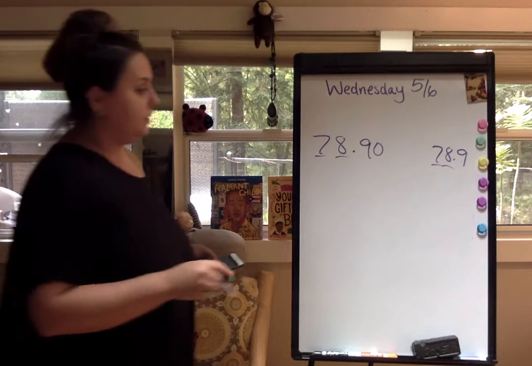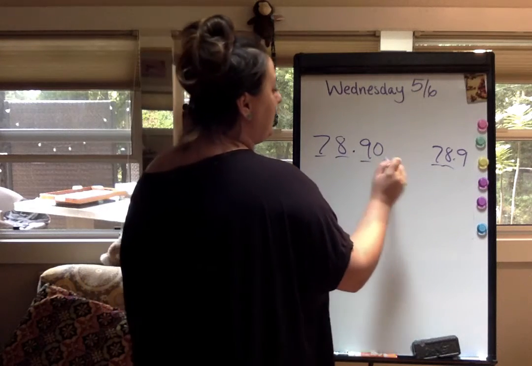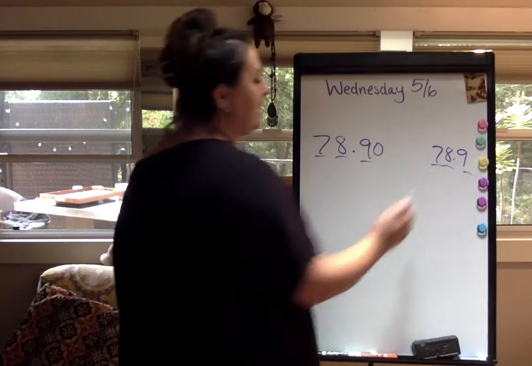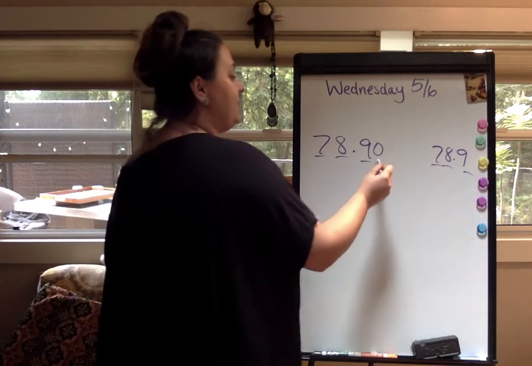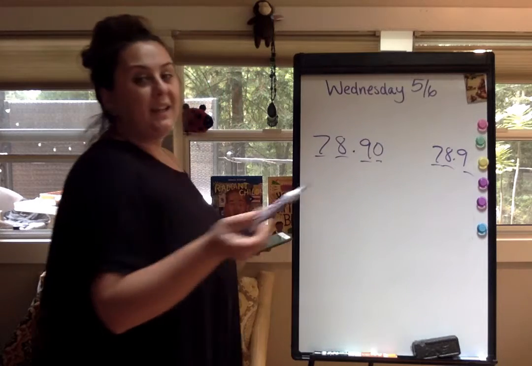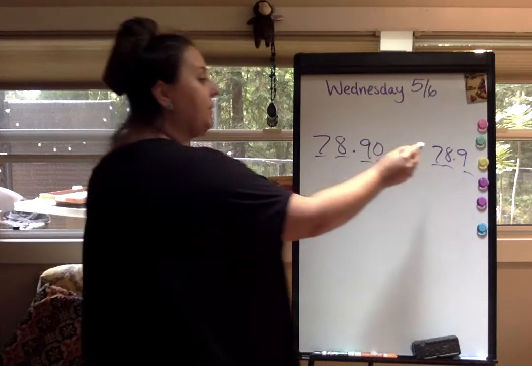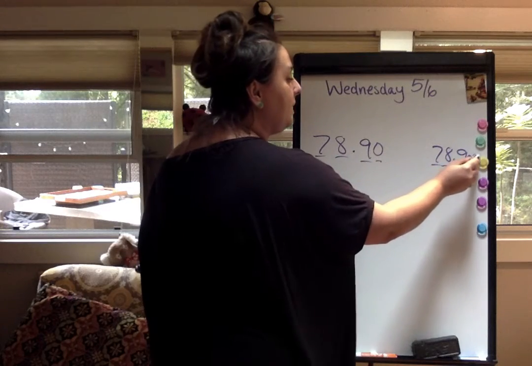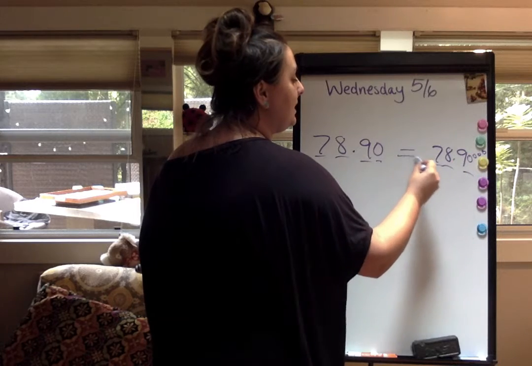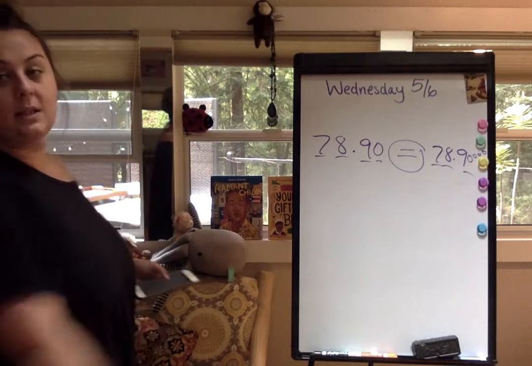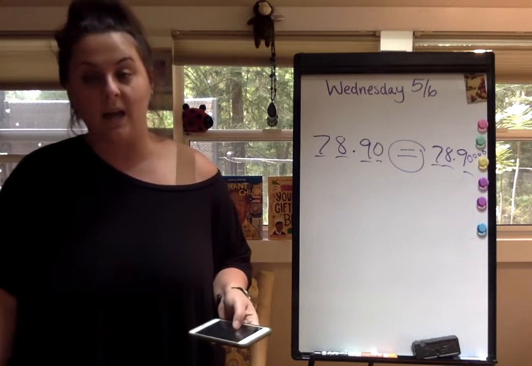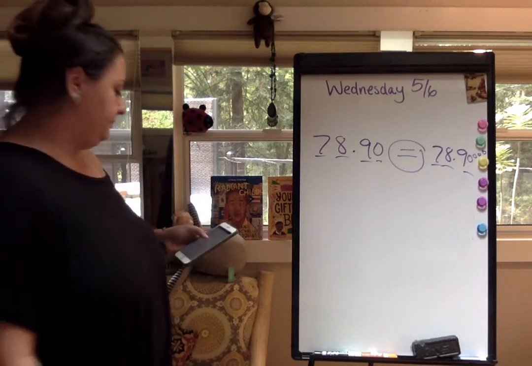Still matching. Then we have 9/10 here and 9/10 here. Still matching. We have 0 hundredths here, and even though there's no 0 here, there's 0 hundredths here, which means these are equal. Remember, in decimals, you can add as many zeros to the end as you want, and it's not going to change the value.